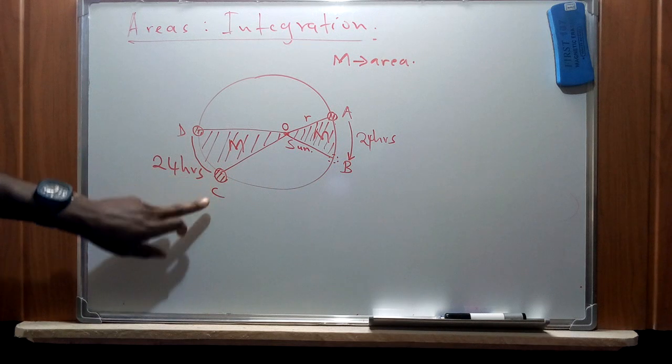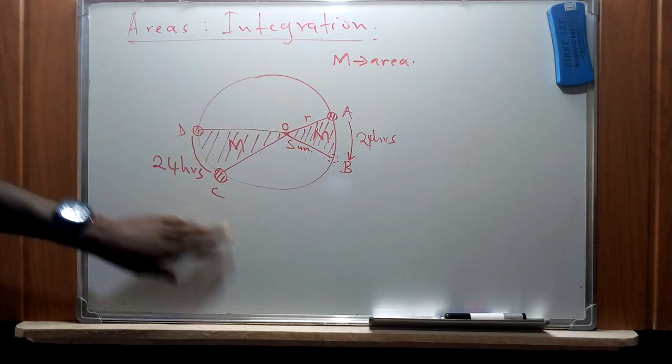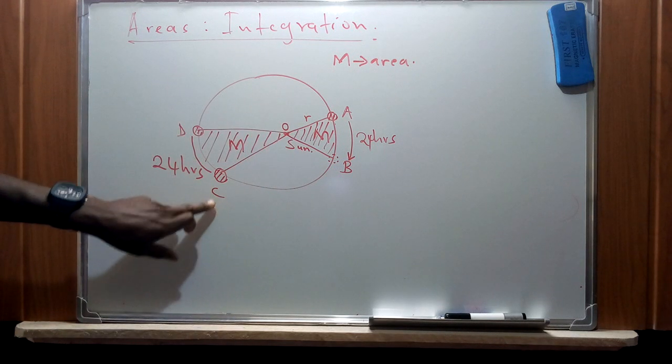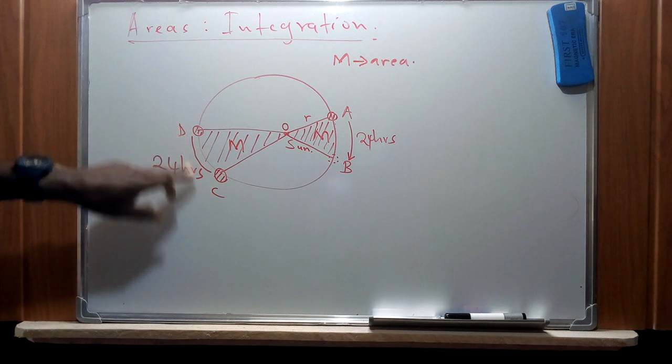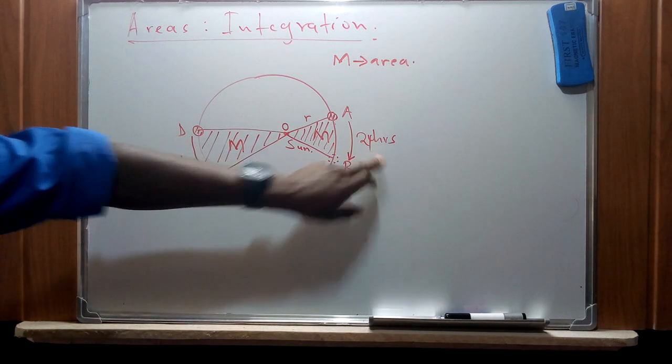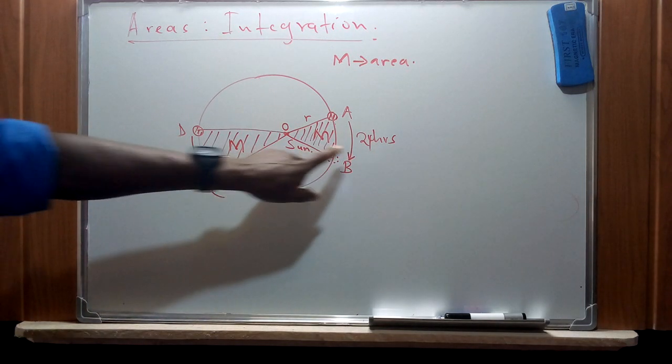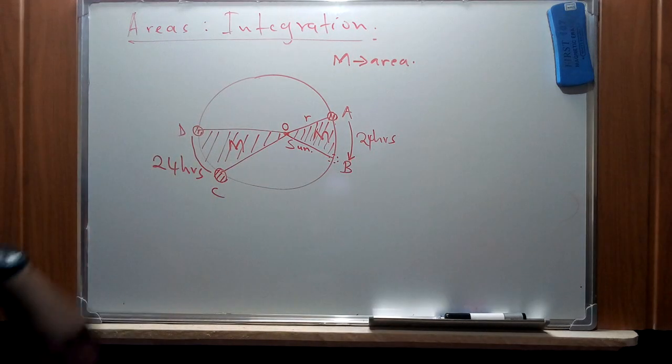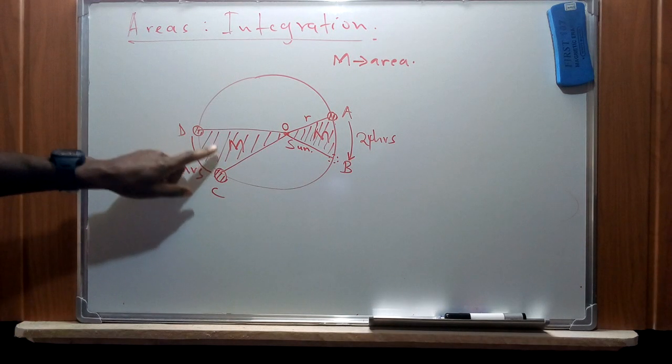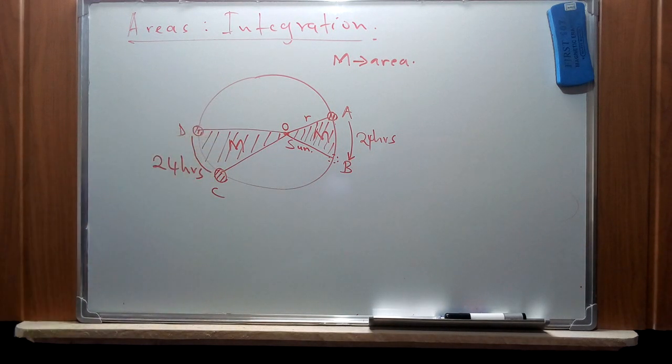When it moves from C to D in this particular orbit, within the same 24 hours, it will sweep out an equal area that we have denoted like that.